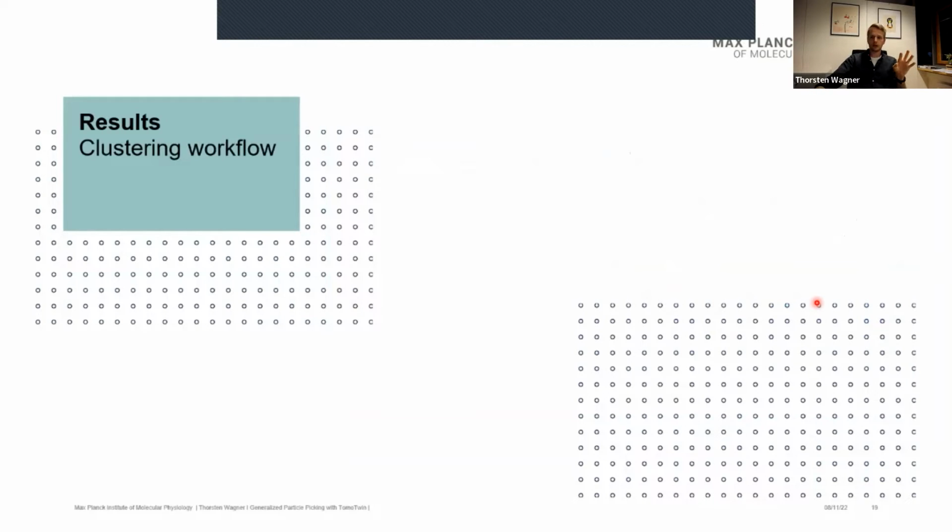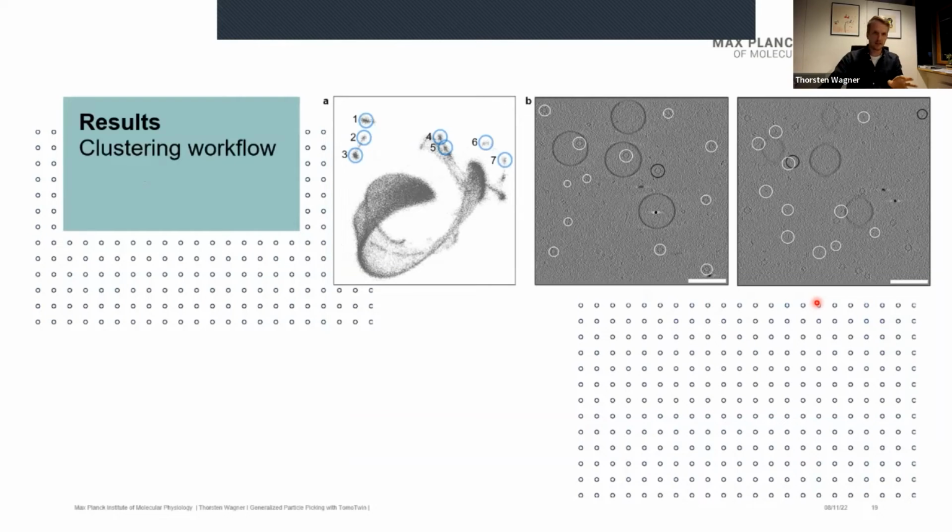We took our generalization tomogram, calculated the 2D representation, and found our clusters. We selected those clusters, and each of them corresponds to one of the proteins in the simulated tomogram. There are more clusters, but they didn't give anything meaningful. So that already works quite well.